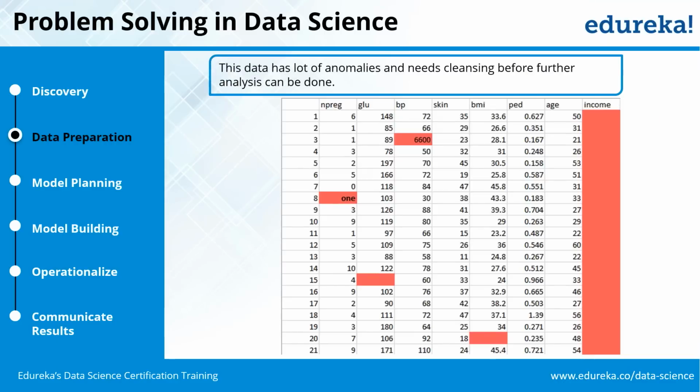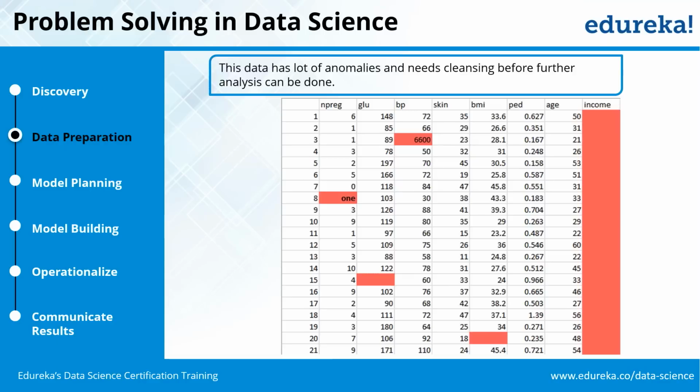So anomalies like this. For example, if I take the blood pressure, there is data in the third row which has a very high value. 6600 for a blood pressure value is not possible at all. Something similar happens with inconsistencies in the data format.